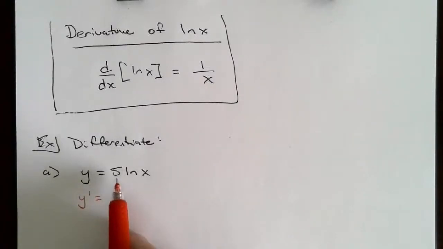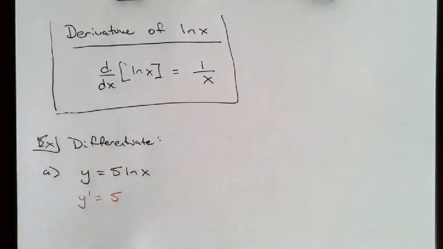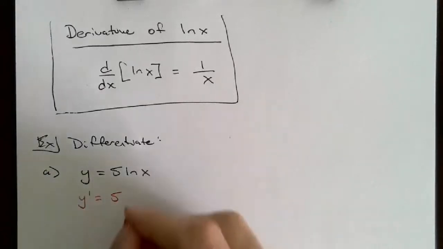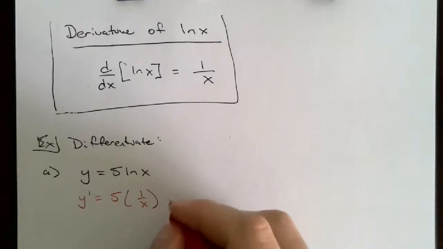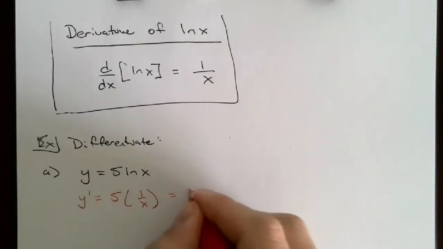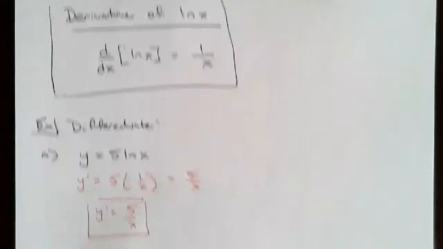When you have the derivative of a constant times a function, the constant just stays in front, and then you just take the derivative of natural log of x, which is 1 over x, and then 5 times 1 over x, simplifying this, is just 5 over x. So we have y prime equals 5 over x, and that would be the derivative of 5 ln x.